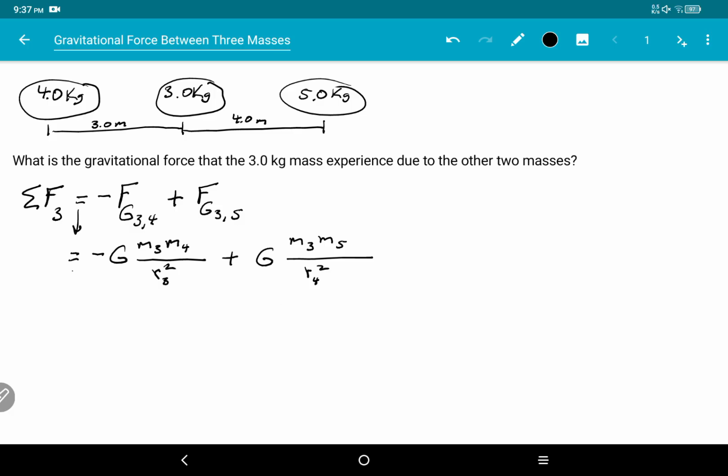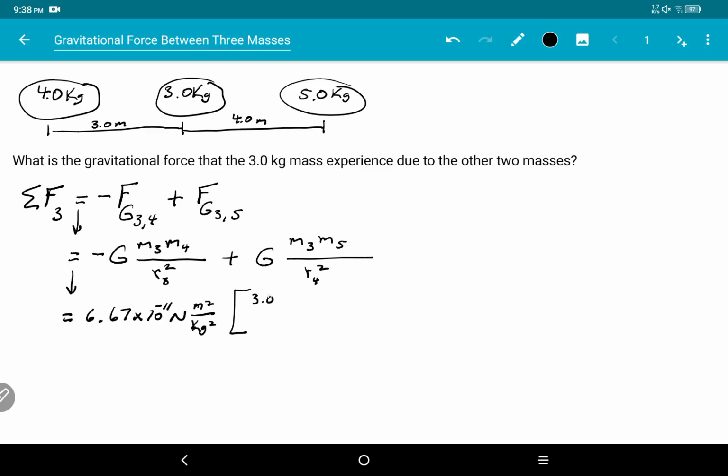Okay, now I'm going to factor out G, 6.67 times 10 to the negative 11 newton meters squared per kilogram squared. We'll make this a bracket.